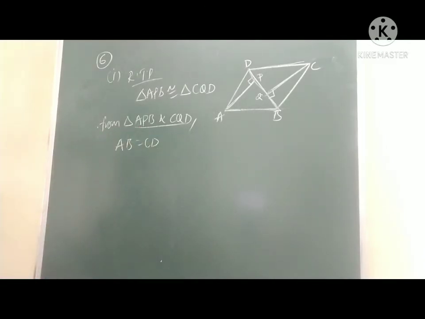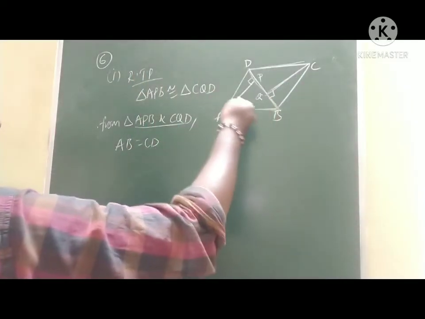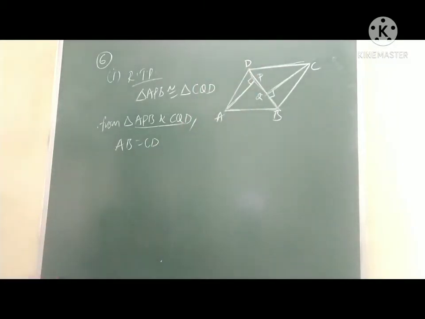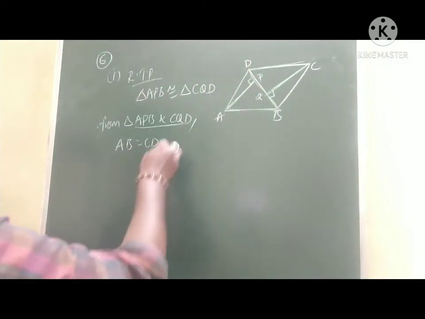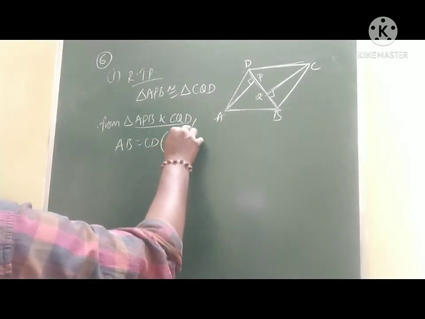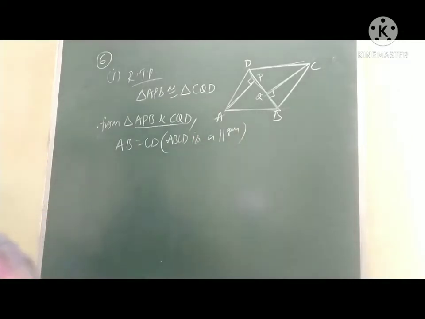We need to write the given statement: what is given? ABCD is a parallelogram, right? So as per the question, ABCD is a parallelogram, so I can write AB is equal to CD. If you want, you can write the reason here: ABCD is a parallelogram, so opposite sides are equal and parallel. So based on that, AB is equal to CD.